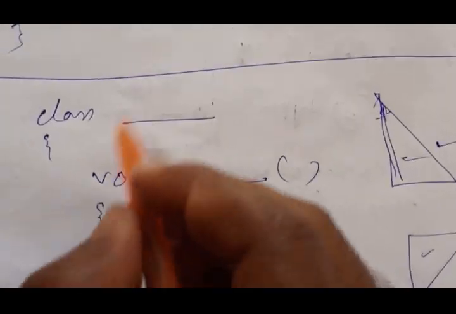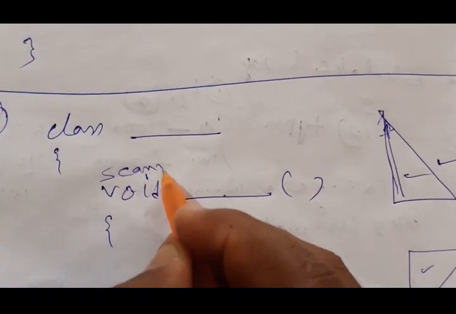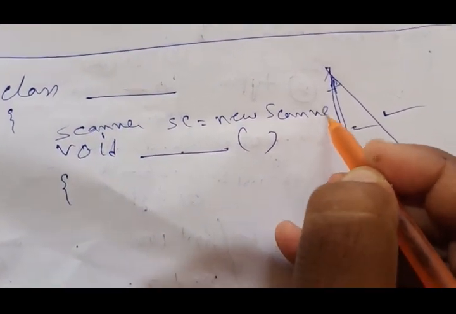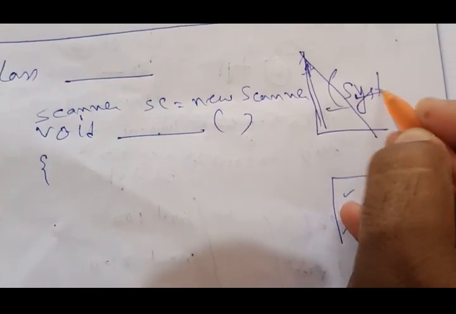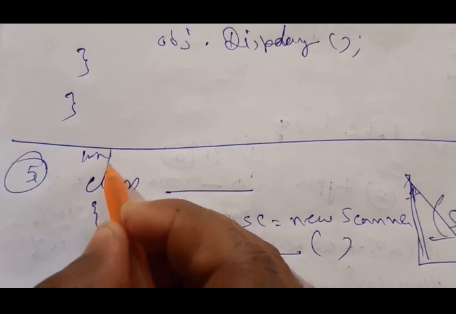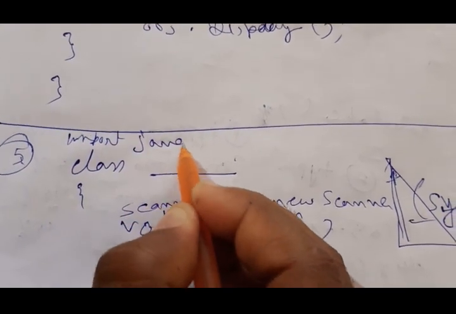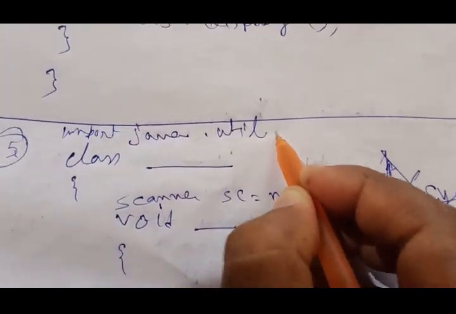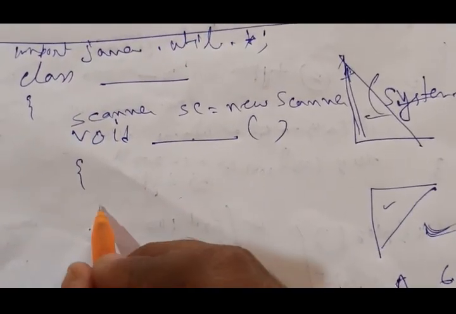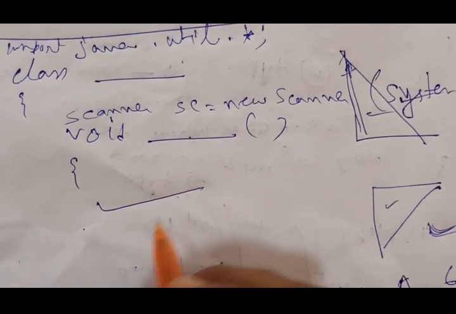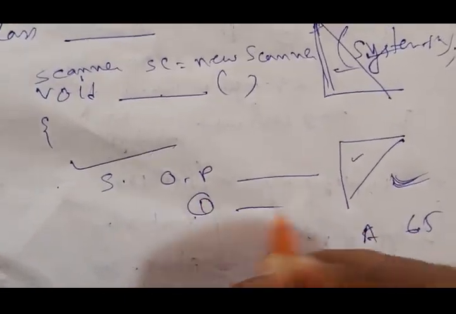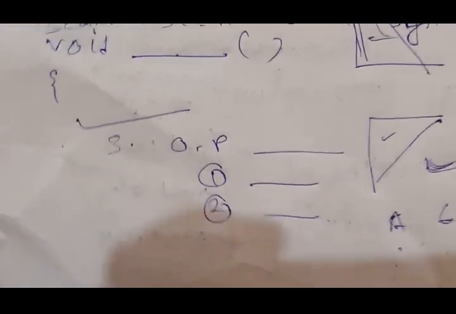Now you write the Scanner line, then the input package line. Then first you give a proper message, System.out.print, with your message for 1 for doing these things and 2 for these things. Then you take an input.